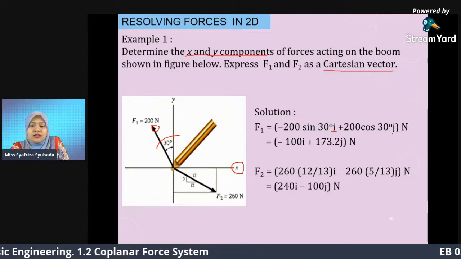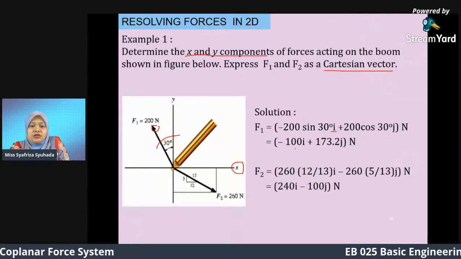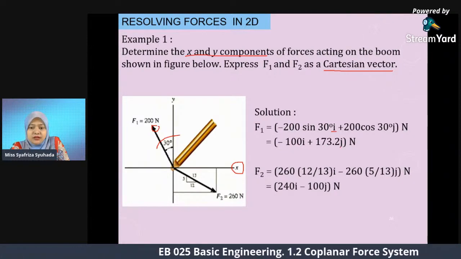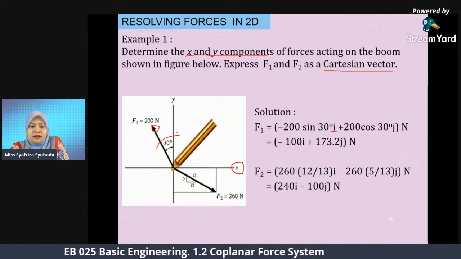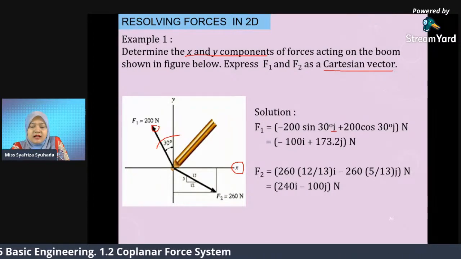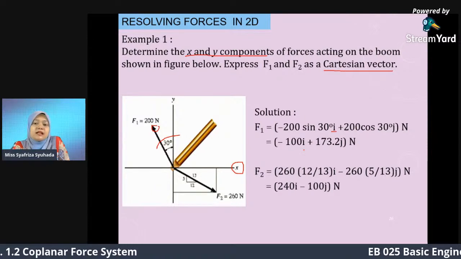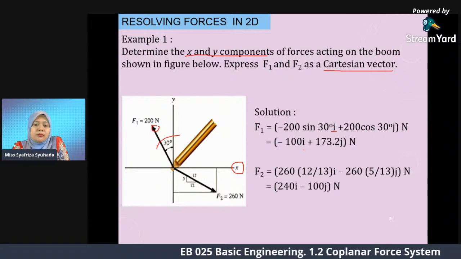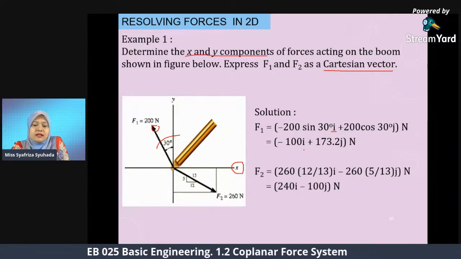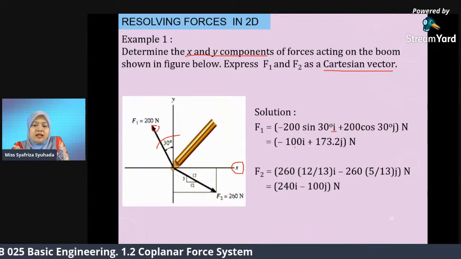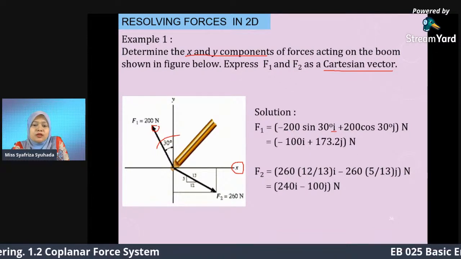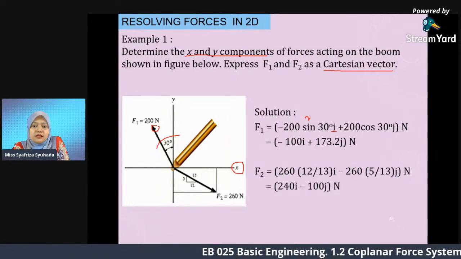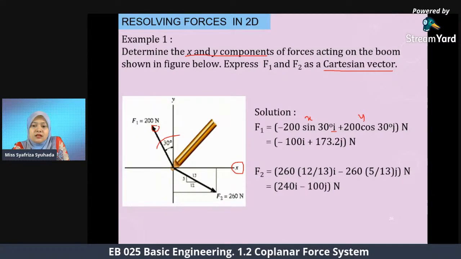Okay, 200 cos theta untuk paksi J. Alright, so kita selesaikan dan jawapannya adalah I dengan J. Okay, bermaksud F1 ni kita akan leraikan kepada paksi X dan juga paksi Y. Berbeza dengan kaedah coplanar, di mana kaedah coplanar kita akan settlekan dulu semua dalam paksi X dan kemudian baru kita settlekan ke dalam paksi Y. Tetapi untuk kaedah Cartesian Vector, kedua-duanya dimasukkan dalam satu persamaan. Ini untuk paksi X dan ini adalah untuk paksi Y.